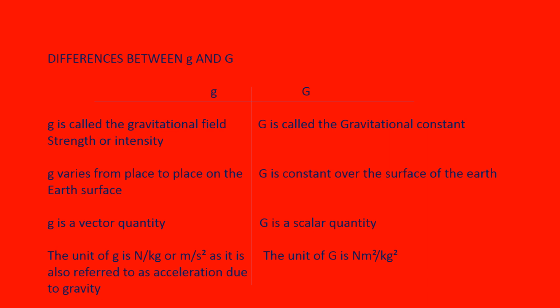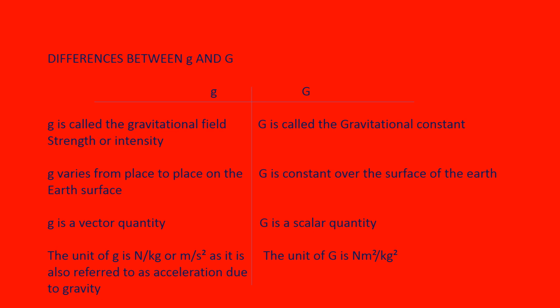Our small g, called the gravitational field strength, is a vector quantity, while our big G is a scalar quantity. The unit of gravitational field strength is Newton per kilogram or meters per second square, since it is also referred to as the acceleration due to gravity. So it takes 2 units, while our big G, which is called the gravitational constant, has its unit to be Newton meter square per kilogram square.